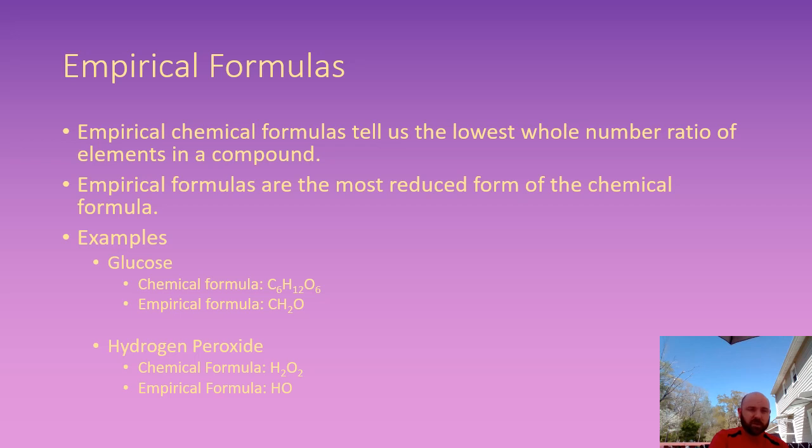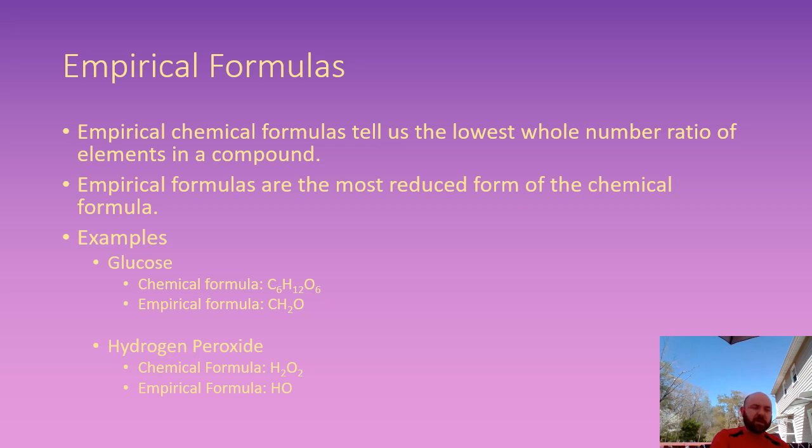So we can see that the ratio of carbon to hydrogen to oxygen is 1 to 2 to 1. So the empirical formula, if we divided each one by that common denominator 6, we would get that ratio in our empirical formula, CH2O.